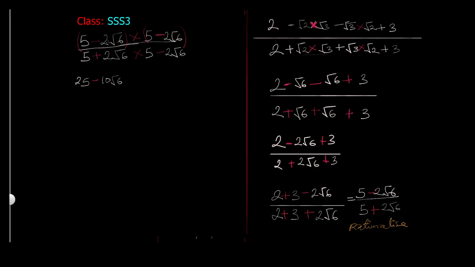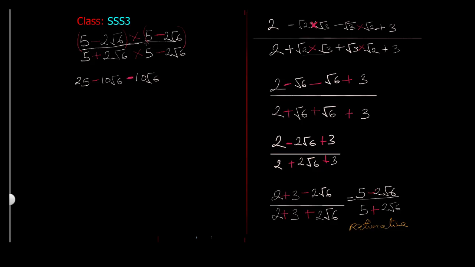So we pick this other one, minus root 6 times 5. That will be minus, same thing, minus 10 root 6.